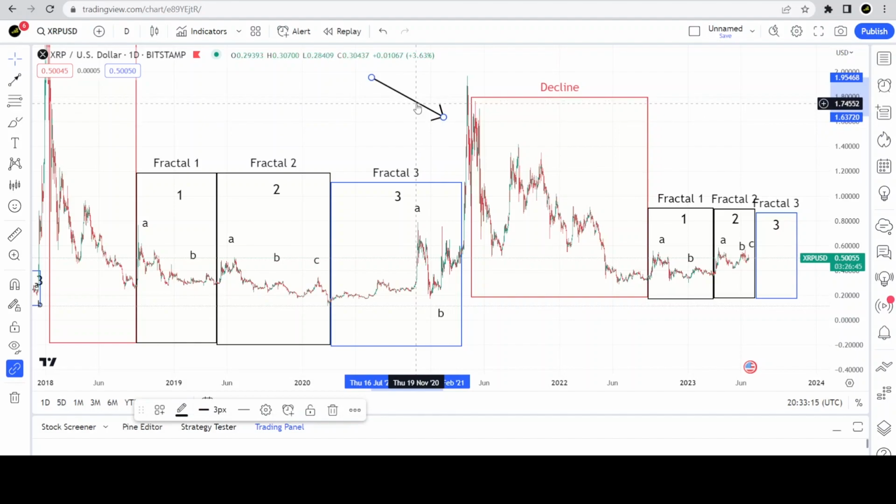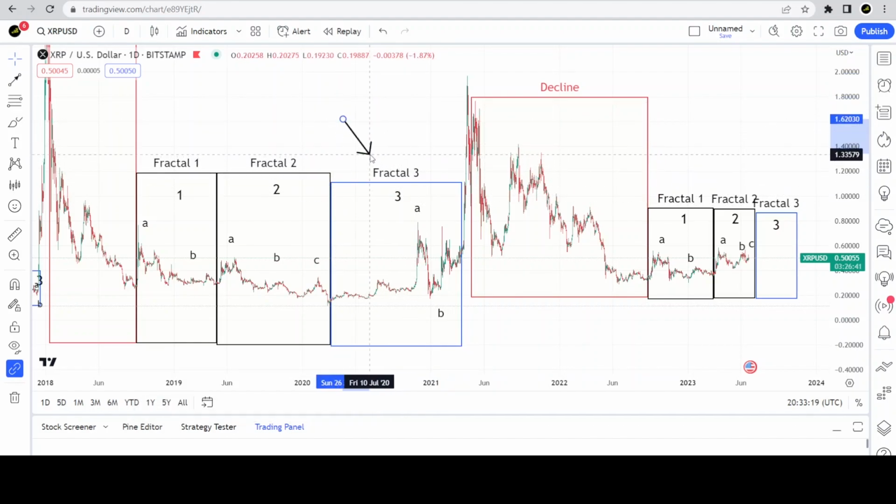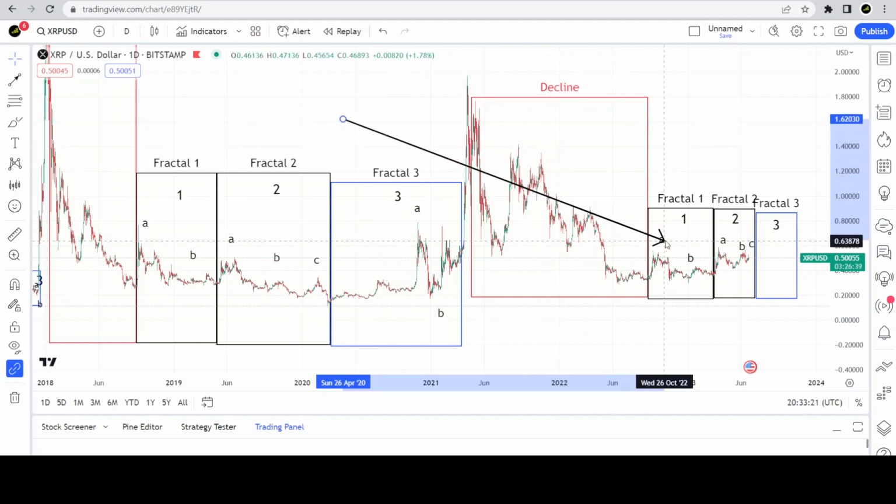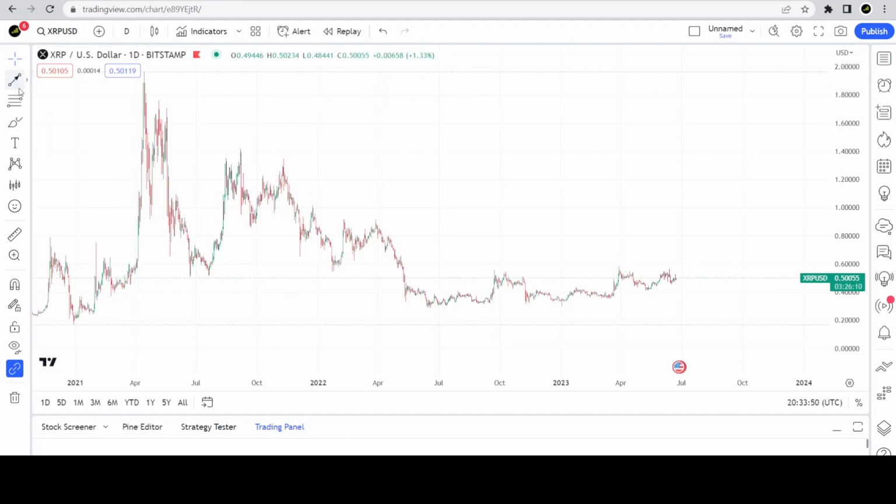So let's take this off and examine what is going on in our sideways range-bound time, or where we are currently at in today's chart. Okay, so here we are on today's chart, and what I'd like to bring your attention to is there is a common theme here.